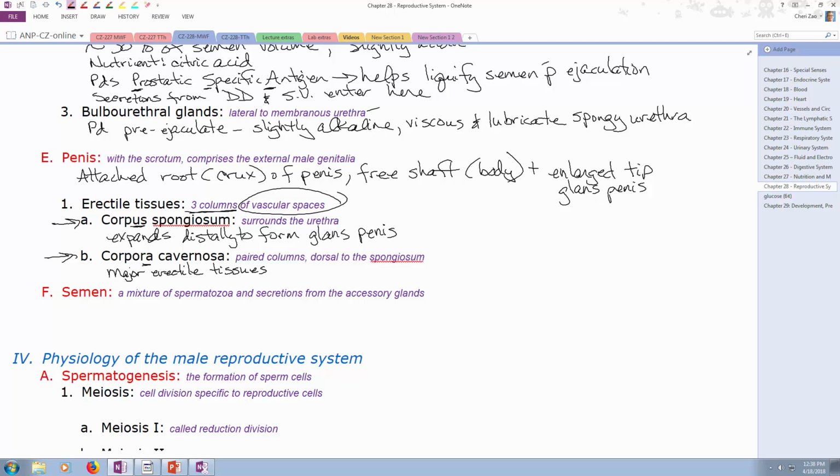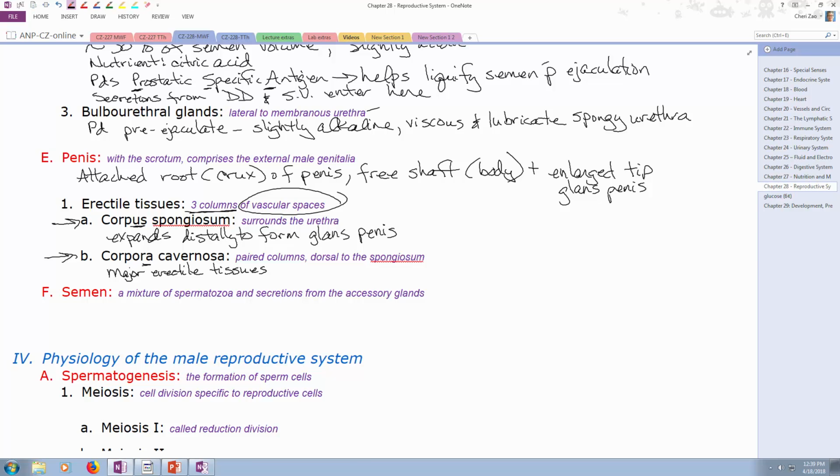Just like a sponge, I want you to realize that the structure inside is like a sponge that you use in household cleaning. When you fill it up with water, it gets very firm. And so we're going to fill it up with blood, arterial blood. What's important about this is, do you remember how I told you we don't have reflux into our ureters? Do you remember what was responsible for stopping reflux?